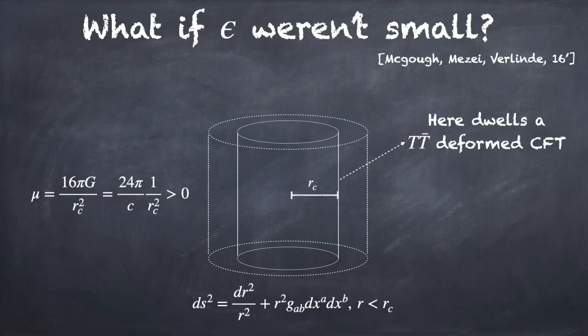And this is what McGough, Mezei, and Verlinde sorted out in the AdS3 case, where they proposed that the dual description to gravity in some finite region that is bounded by this cutoff surface at R sub c, as depicted here, is described by the TT bar deformation of the conformal field theory that would have dwelled at the asymptotic boundary. The deformation parameter is related to the radius at which the cutoff surface sits.